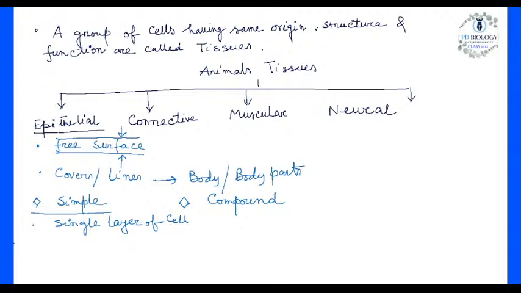So based on the structural modification of cells, the simple epithelium tissues are divided into three parts. One is squamous epithelium. Number two, cuboidal epithelium.